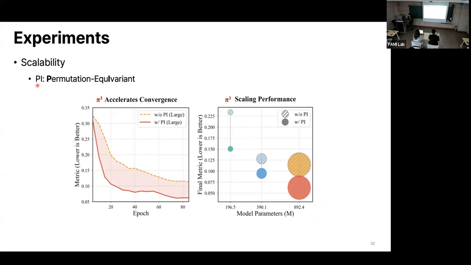The PI means the permutation equivariant operation, and compared to the setting without PI, the setting with PI shows better convergence and more scalability.